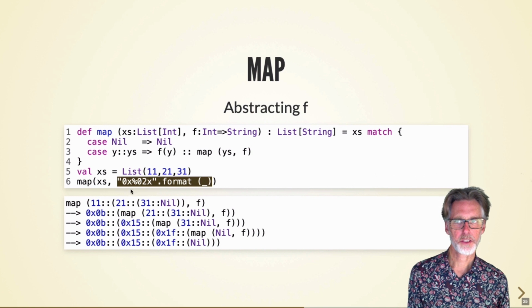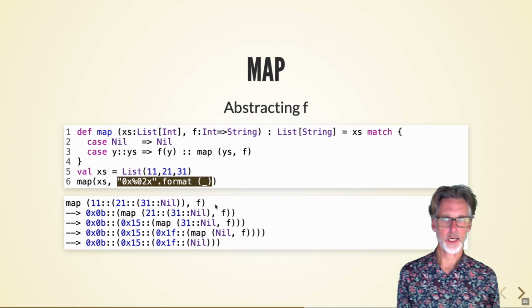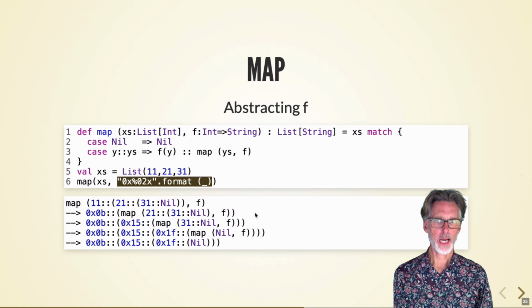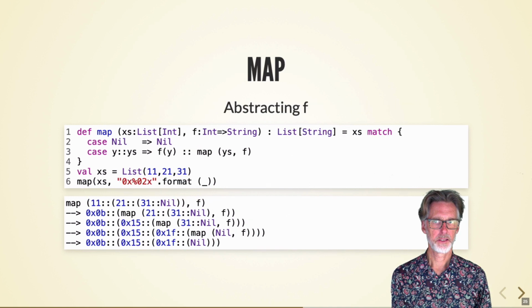And let me just call this function f for the moment, so you can see how this is going to work. We're going to work through this list by calling map over and over again. So actually this is doing exactly the same thing transform does. It's just doing it through this abstraction f.